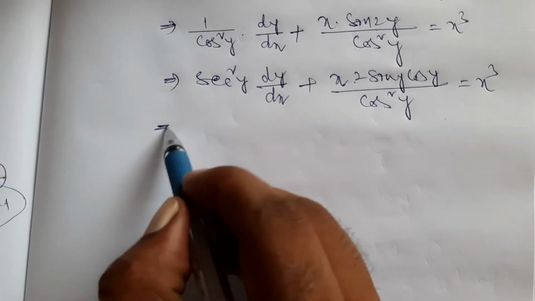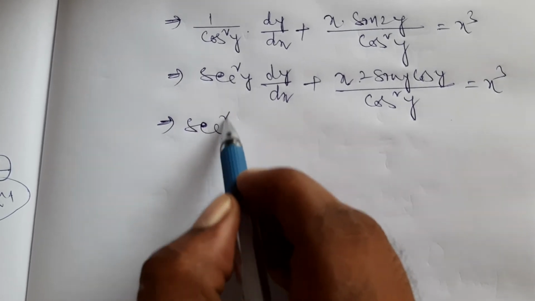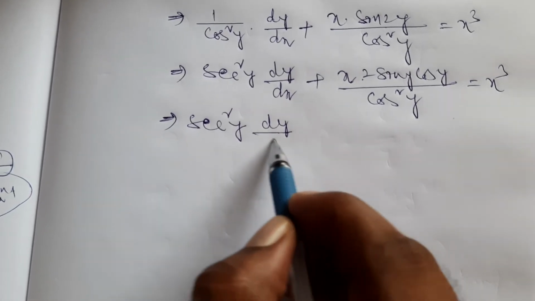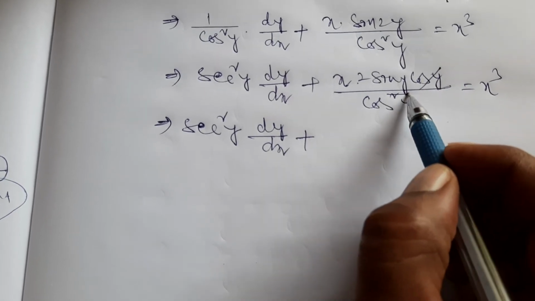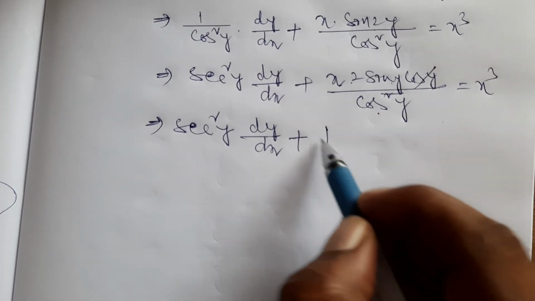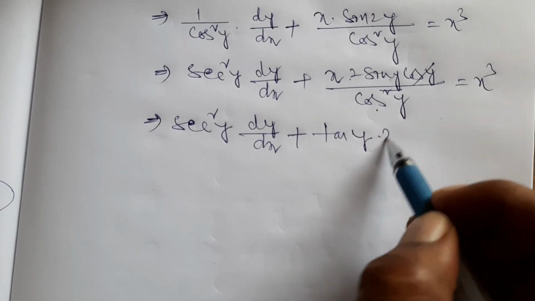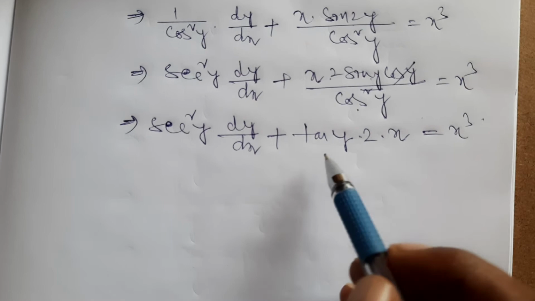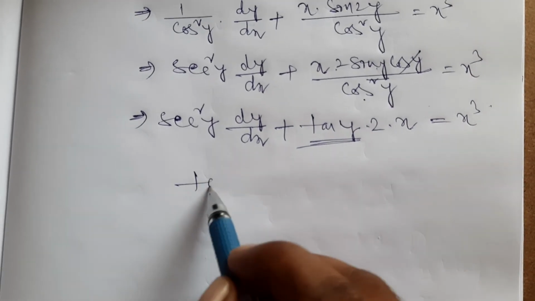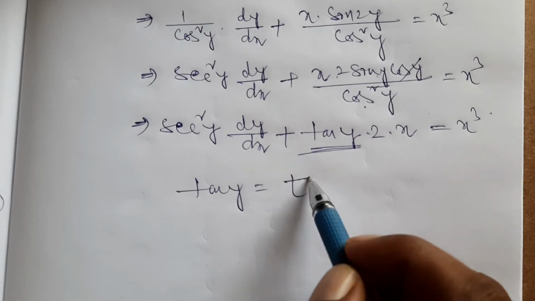In the next step I get secant square y into dy by dx plus, cos y cancels, then sin by cos means tan y, into 2 into x equal to x cube. Now I can take this tan y as t.